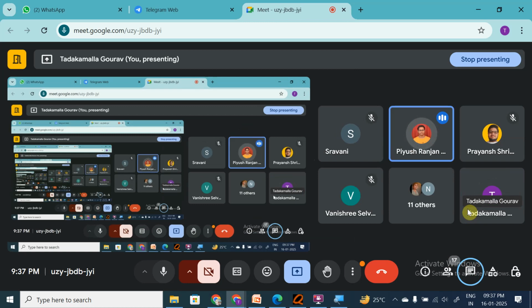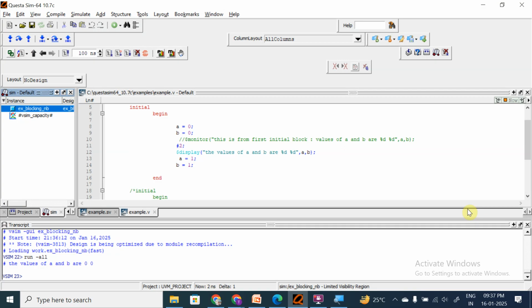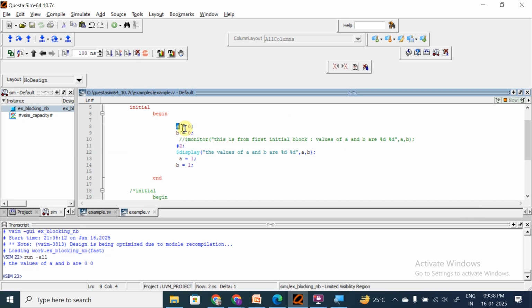But sir, all the blocking statements will be executed at the same time, no? Yes, this will execute at the same time. So what is the time slot here? T is equal to 0. And what is the time slot here? T is equal to 2.